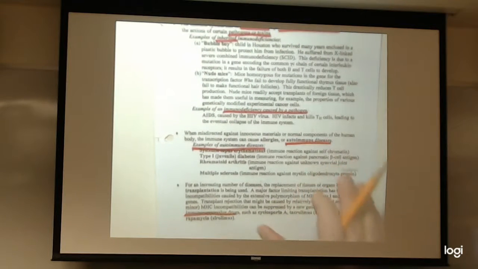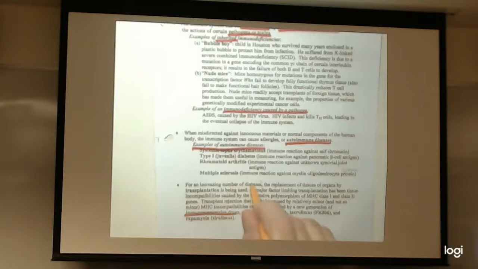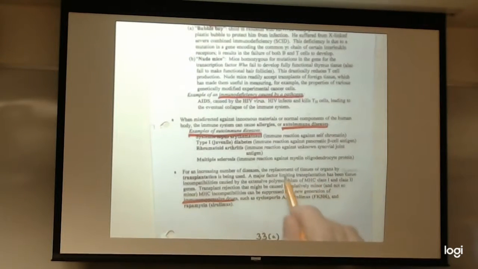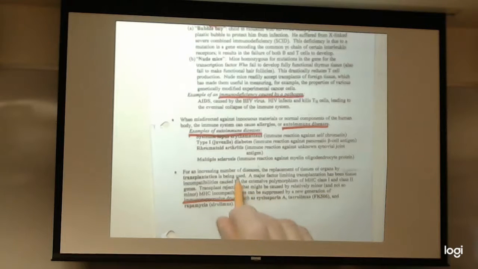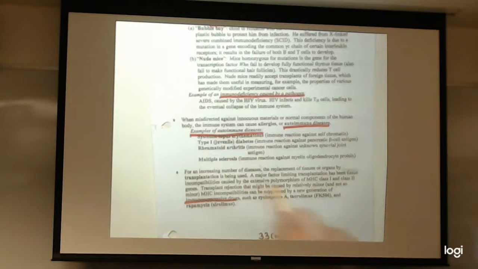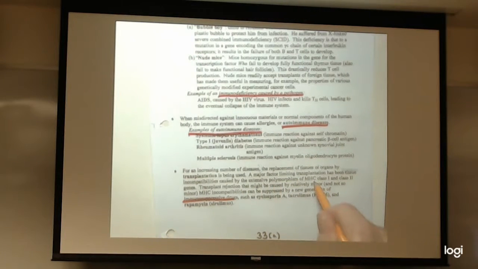Now then, for an increasing number of diseases, the replacement of tissues or organs by transplantation can now be done. The major factor limiting transplantation has been tissue incompatibility caused by the extensive polymorphism of these class 1 and class 2 MHC proteins.